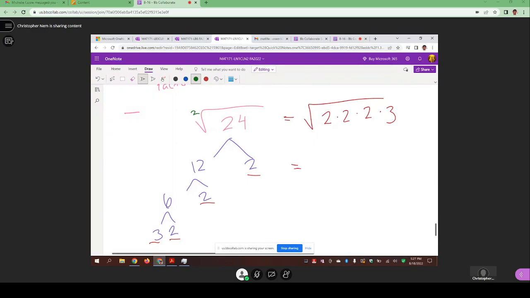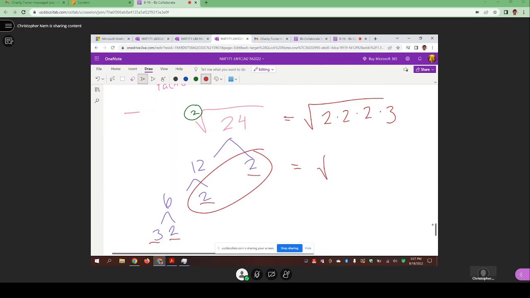In particular, because the index is 2, we want to group in pairs. We want to group pairs of the same prime numbers together. So the only pair I have is this one over here. However, there are no extra pairs for the number 2 and 3. They are isolated.